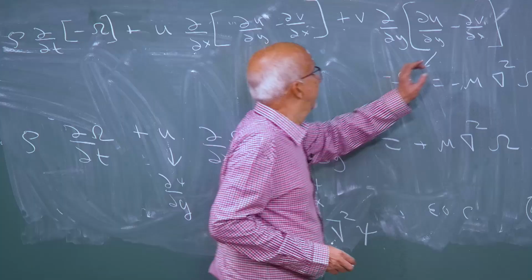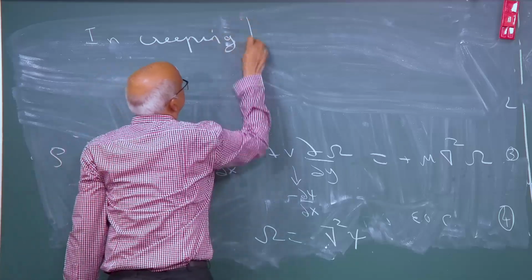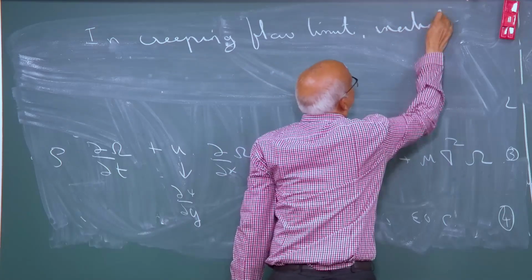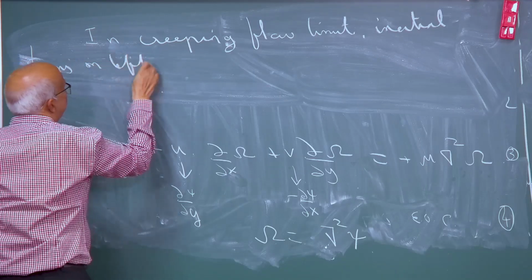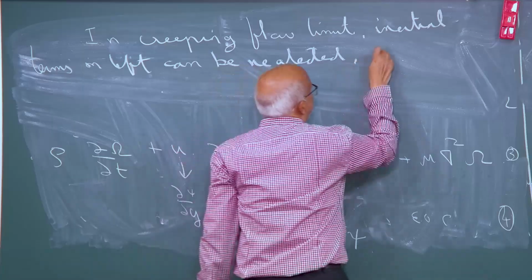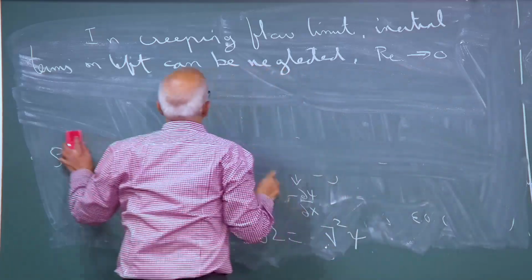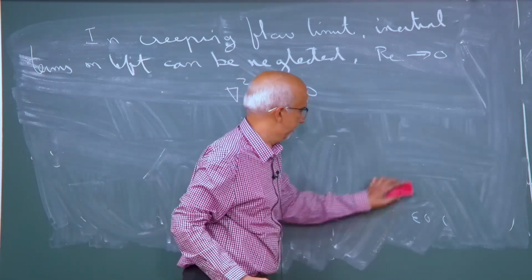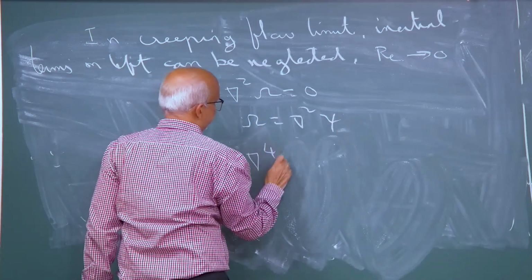So in the creeping flow limit, the inertial terms on the left can be neglected, basically Reynolds number tends to 0, we will see that, and you get del square omega equal to 0, and omega is del square psi, and therefore del power 4 psi equal to 0.